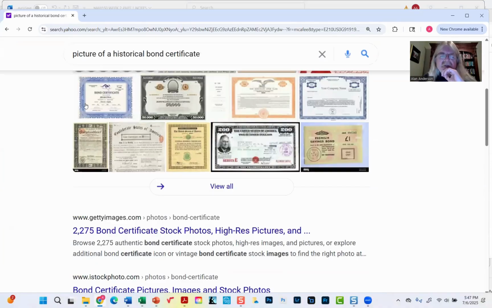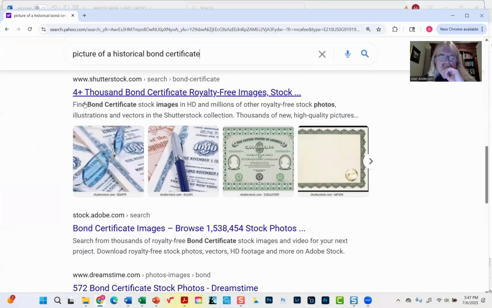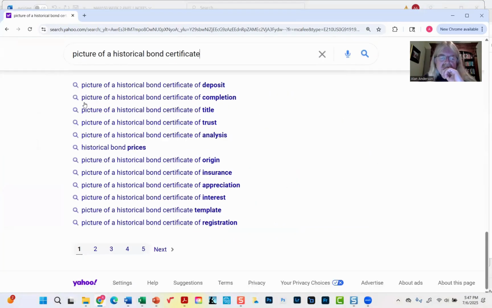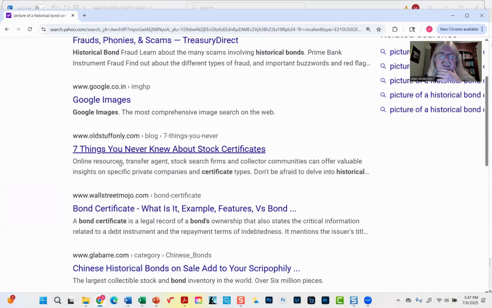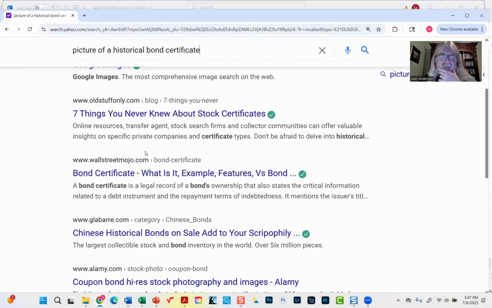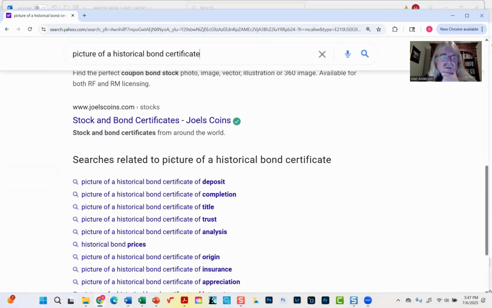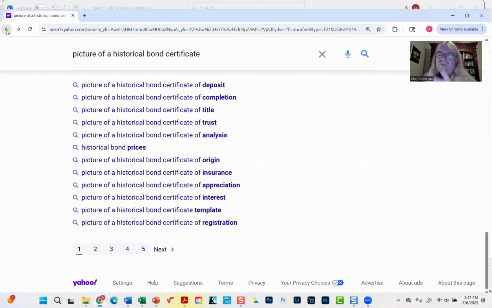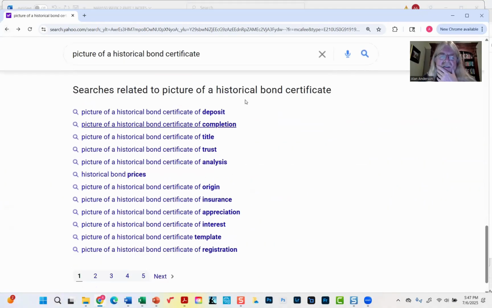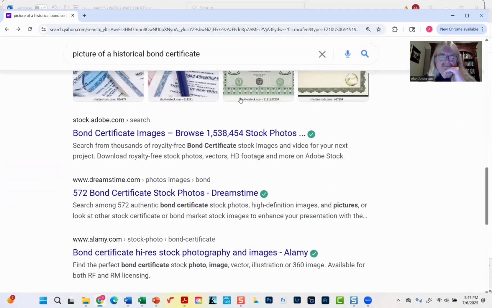This I find from experience, this is very difficult. Oh, stock certificates are easy to find. There's so many of them because people care. There's something about bonds that makes people tend to think of them as kind of boring, not that exciting.